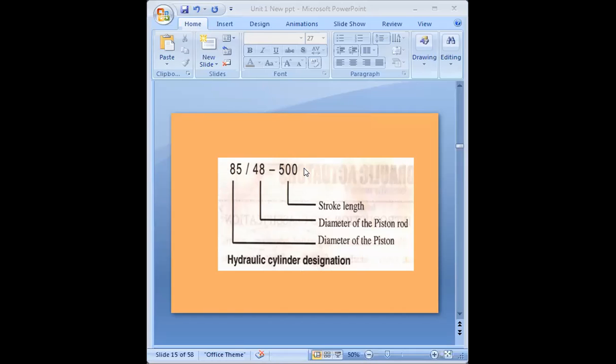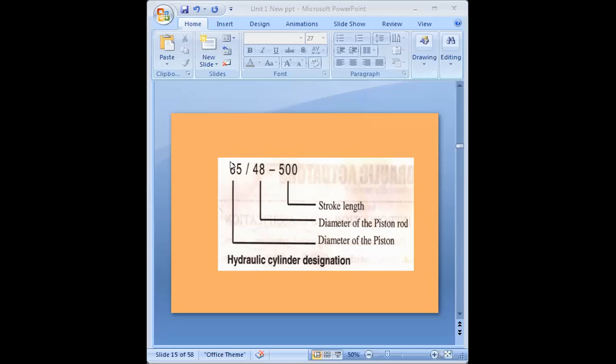Now, the question arises: what is meant by 85, then 48, and then 500? In industry, a person will tell you the hydraulic cylinder designation like 85 by 48 dash 500. So we should know what it means.